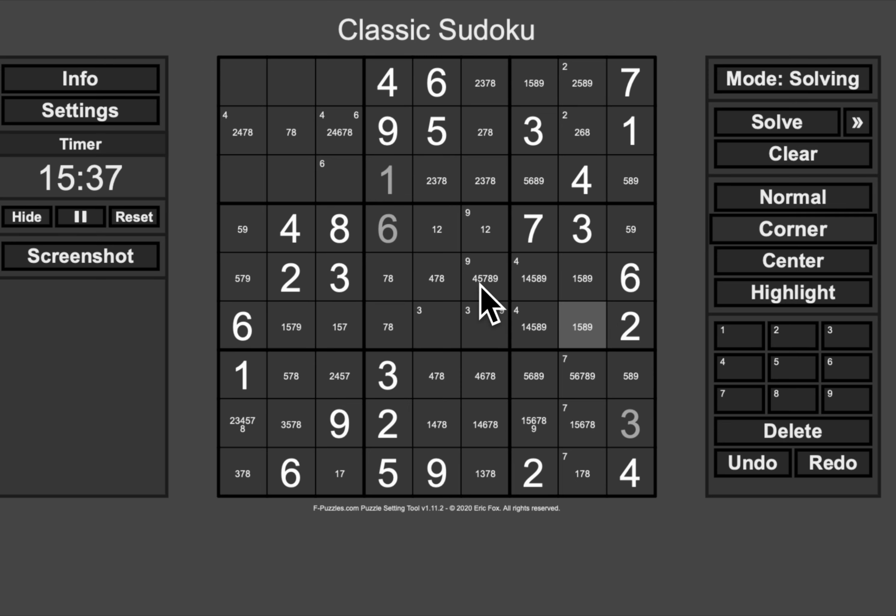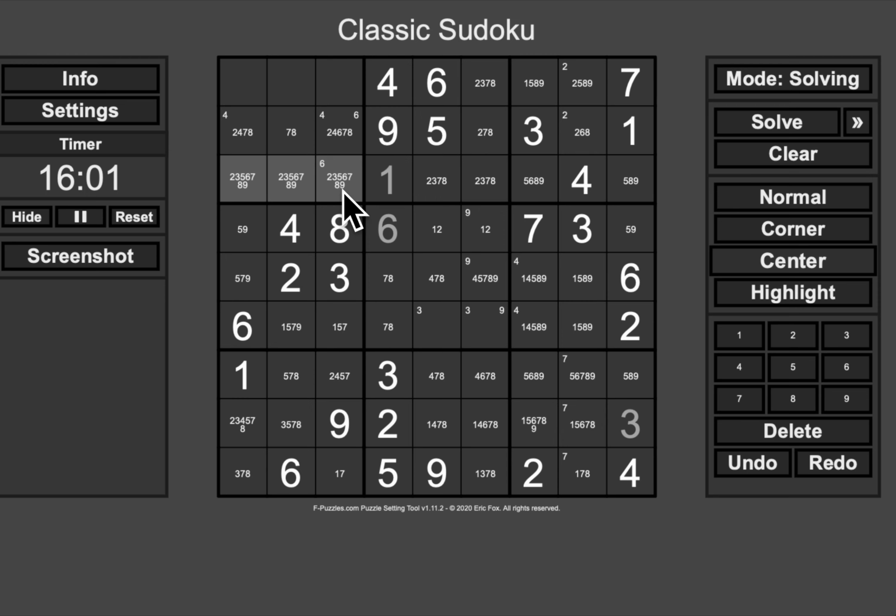Hmm. Let's see. These two cells in particular are somewhat restricted because they've got boxes down below them looking up into it. So 1, 4 are the only digits I can place in about row 3. I still have a lot of digits. 2, 3, 5, 6, 7, 8, 9.